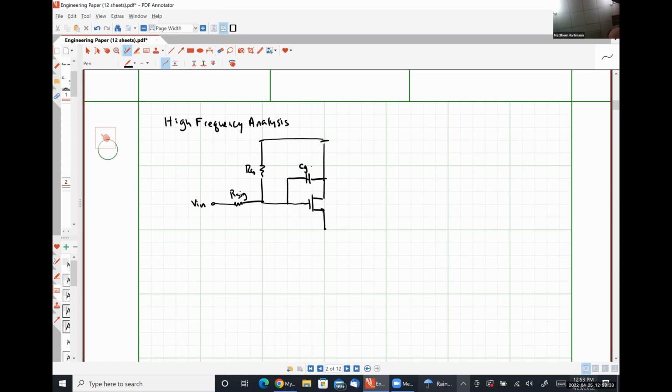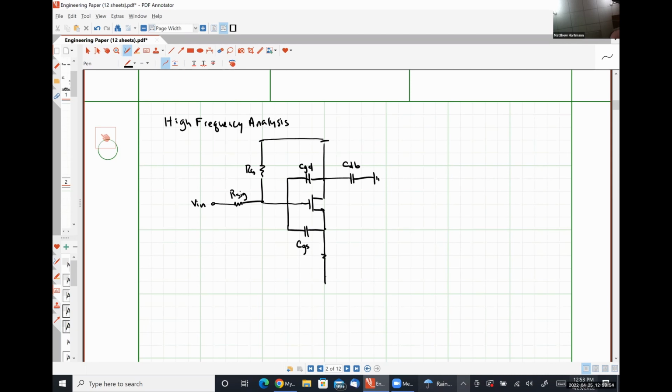We have our capacitor CGD. Between the drain and the bulk or substrate, we have CDB. Between the gate and the source, we have CGS.